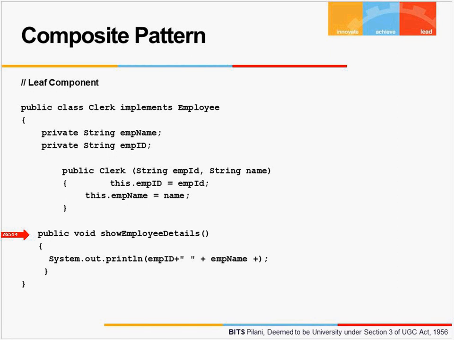Additionally, this class also has two attributes, which are the employee name and the employee ID. It also provides an implementation for the constructor of the class, which takes in strings employee ID and employee name, right?